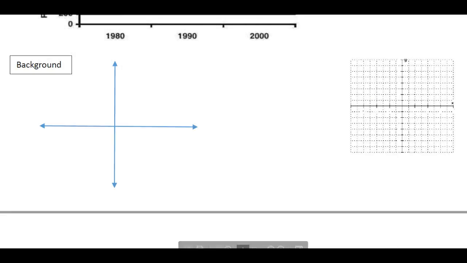Now in this next part, we're going to do a little background work in which this will be a horizontal number line, where over on this side we have positive numbers, and over on this side we have negative numbers.